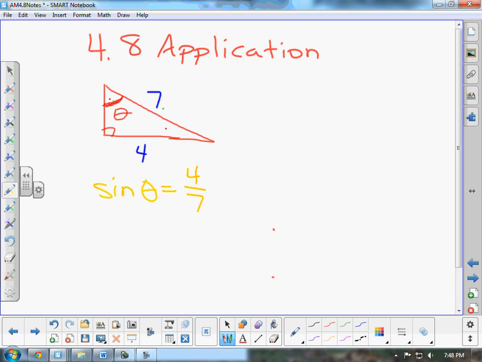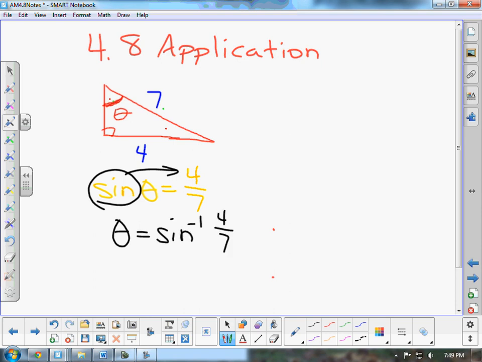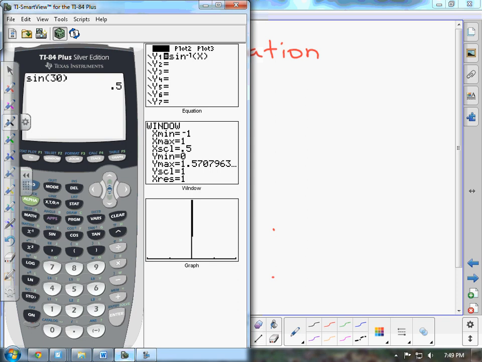So to figure out what the angle is, you move the sine to the other side, where it becomes inverse sine of 4/7. Then you take out your calculator, take 4 divided by 7, and you get 0.5714.